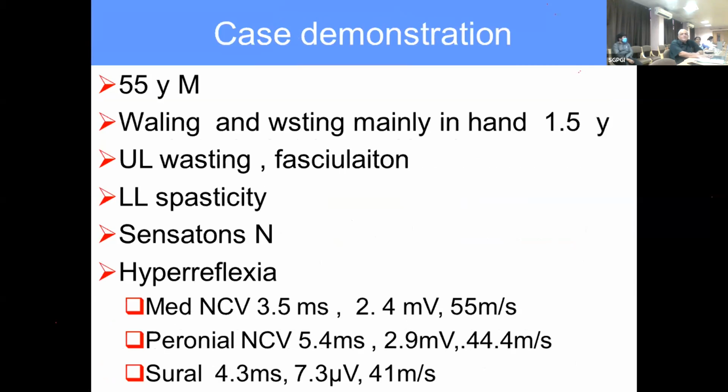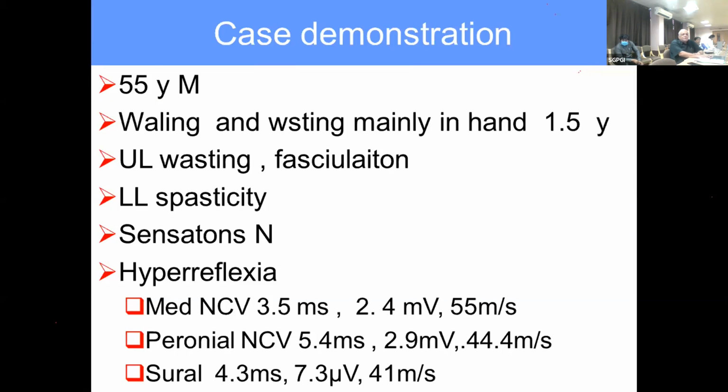Now, I will show you a case which is a 55-year-old male. He had walking difficulty and wasting, mainly in the hands, for 1.5 years. Upper limb wasting and fasciculation, lower limb spasticity, sensations normal, hyperreflexia, classical case of ALS.